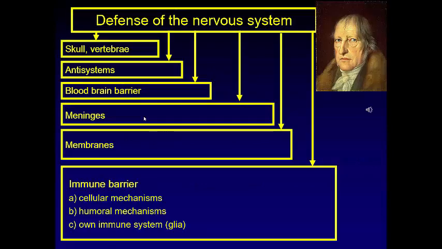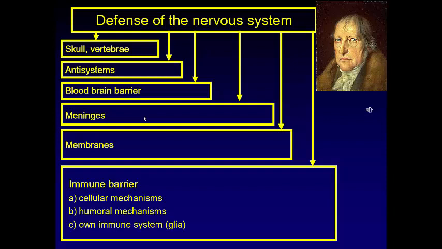And since we discussed factors that may cause damage, let us go through our defense systems. We defend our nervous system with the help of our skull and our vertebrae, which protect from brutal physical force. Next, we can consider and appreciate anti-systems.